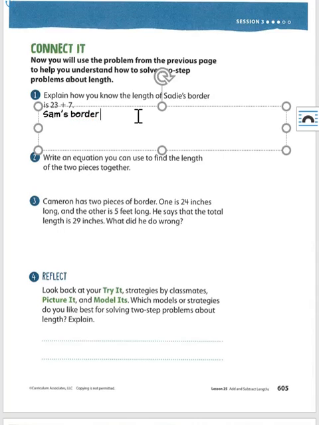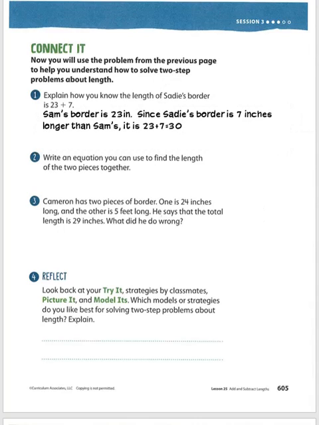Since Sadie's border is 7 inches longer than Sam's, it is the same as 23 plus 7, which equals 30. Okay? Write an equation you can use to find the length of the two pieces.